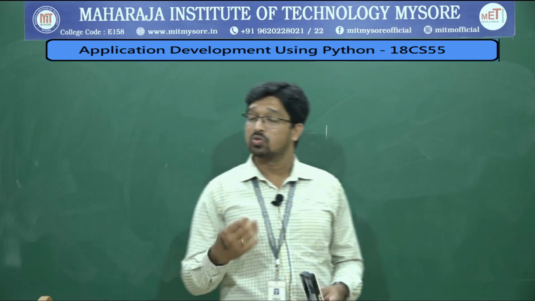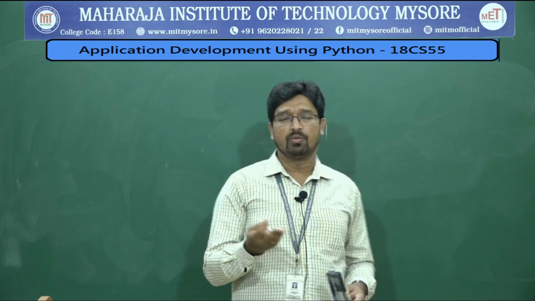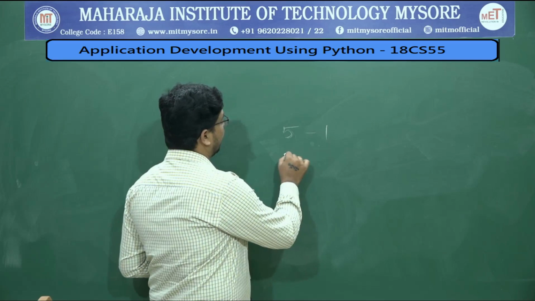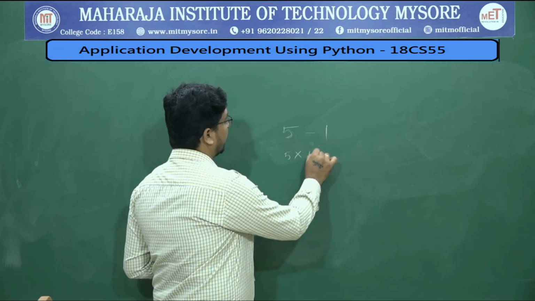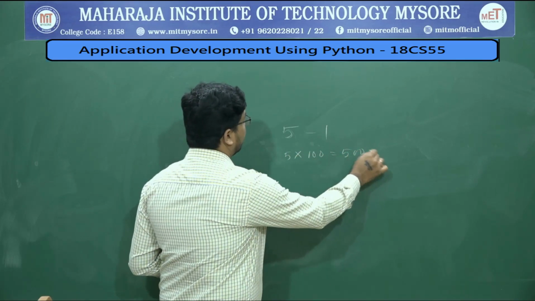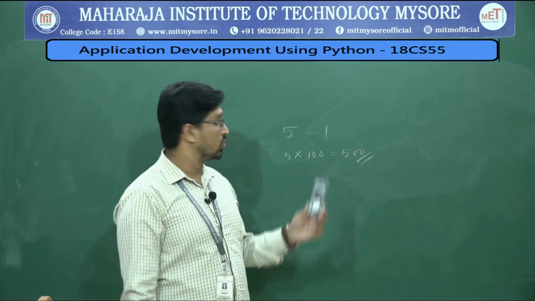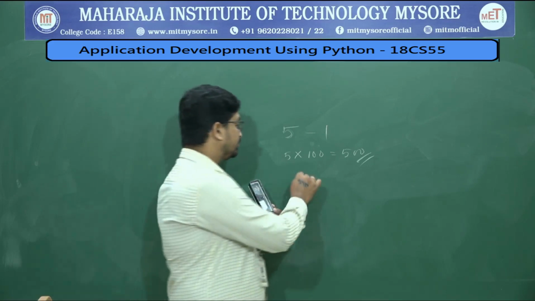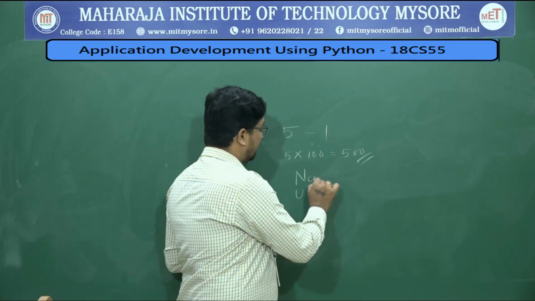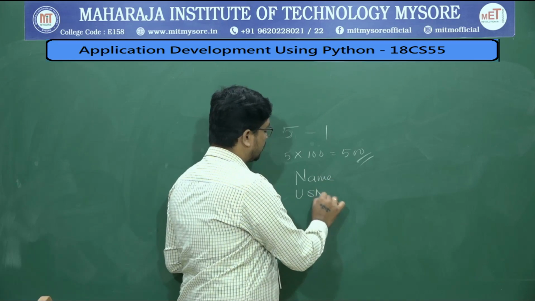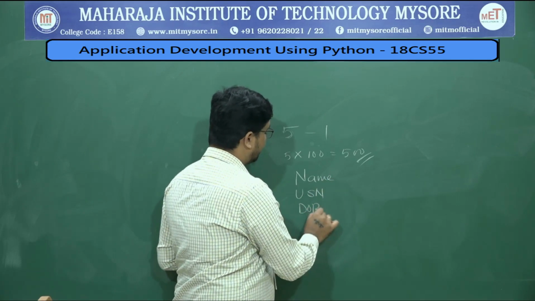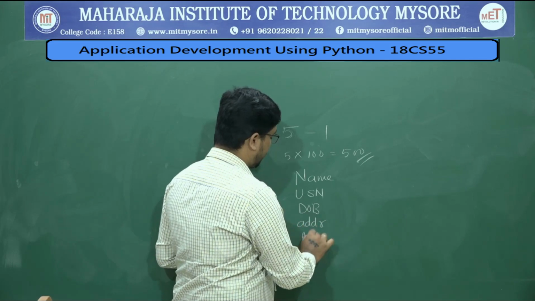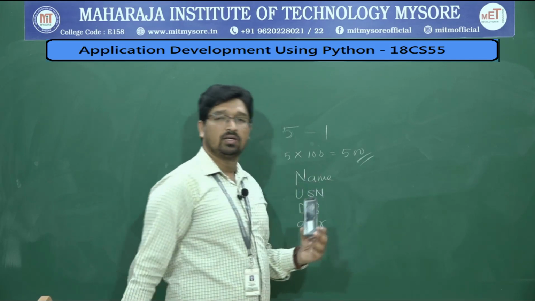Like that, for 100 students, that is 5 into 100, you need 500 different variables to store all the 100 student details. You want to store name, USN, date of birth, address and mobile number, these 5 fields.